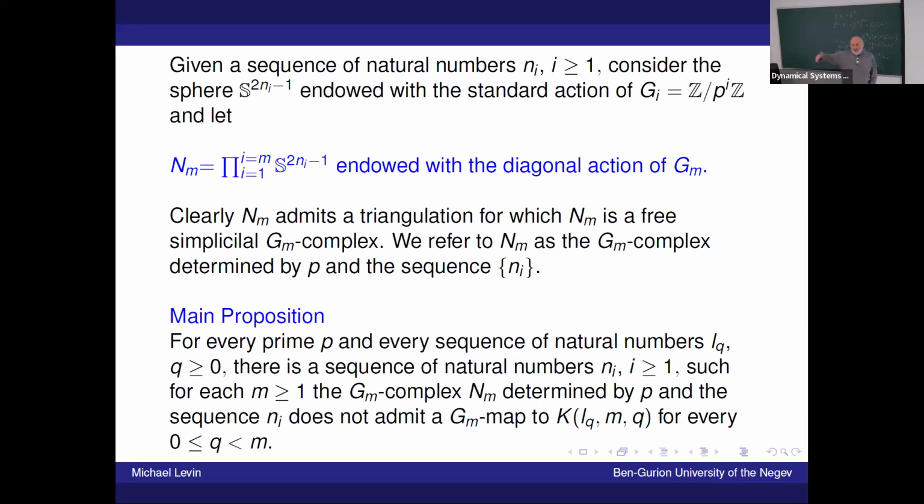Once again, we just take the generators of each factor of the product, and the action of a generator of G_m on the product will be just the actions of the generators on the coordinate spaces.